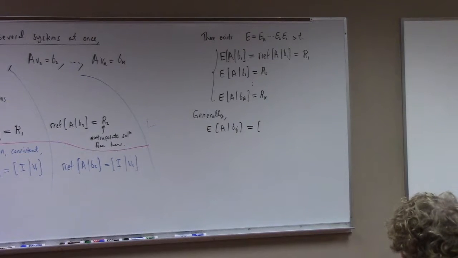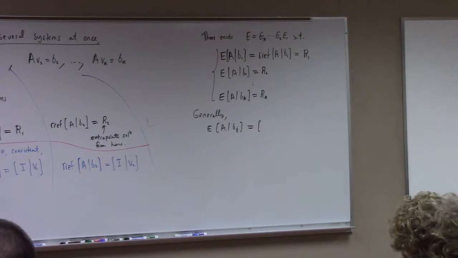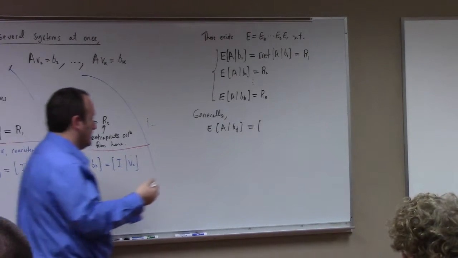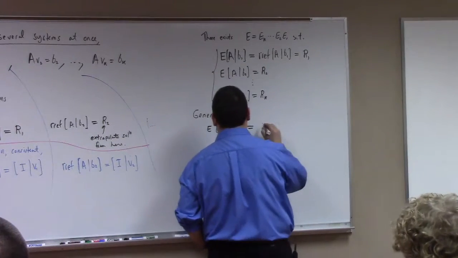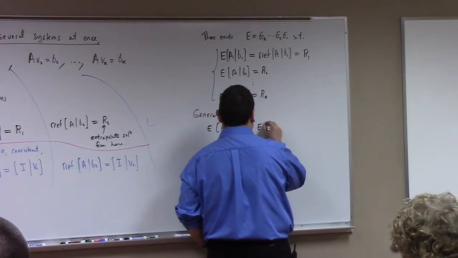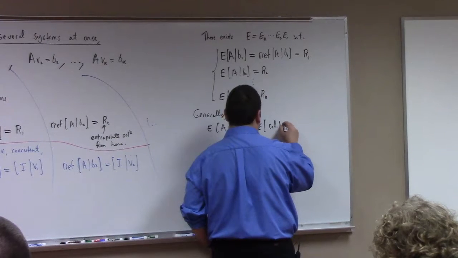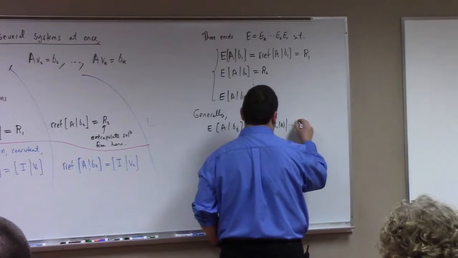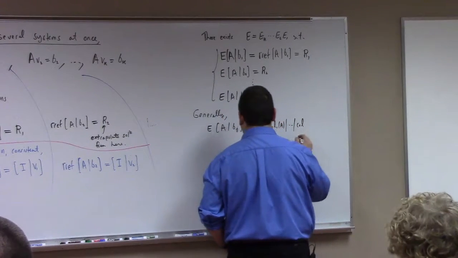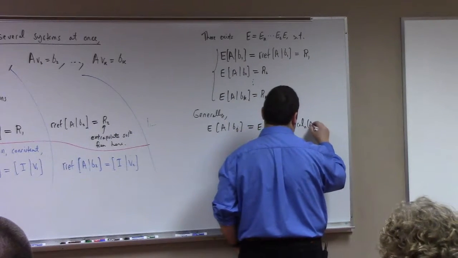We could bring it in, it's like E times column 1 of A, right? Fine, I'll do another step here. So that's column 1 of A, right? How many columns does A have? n, all right?